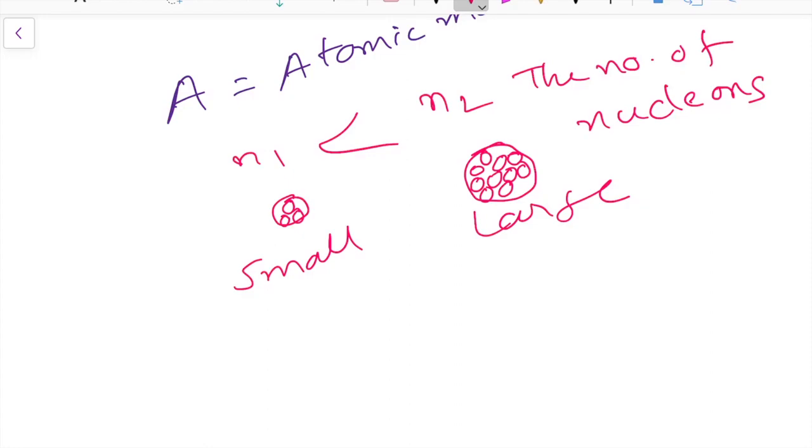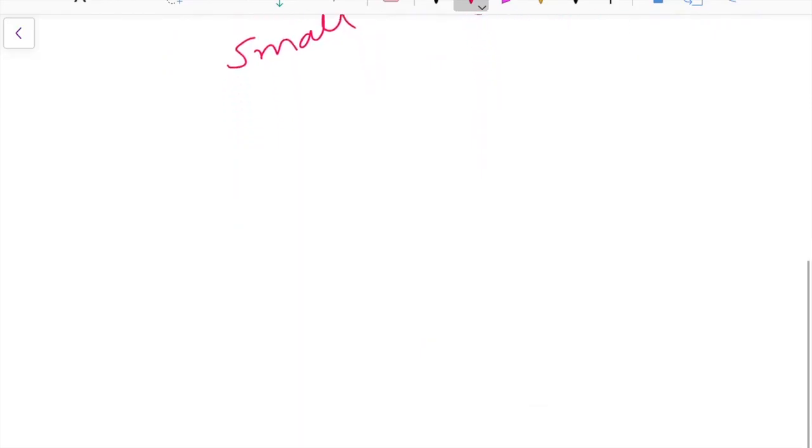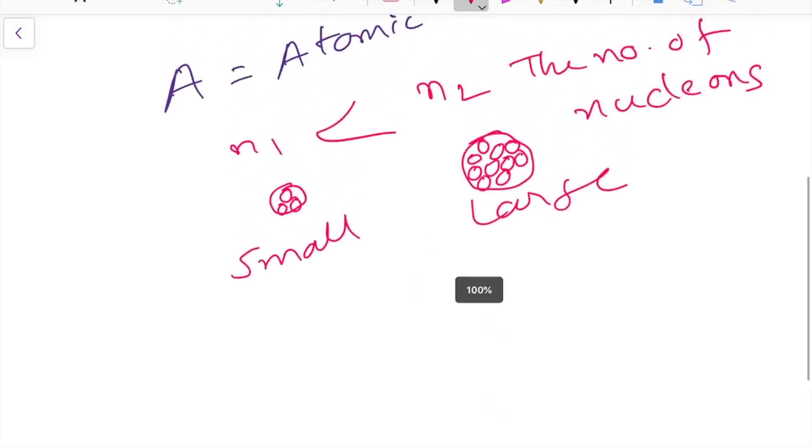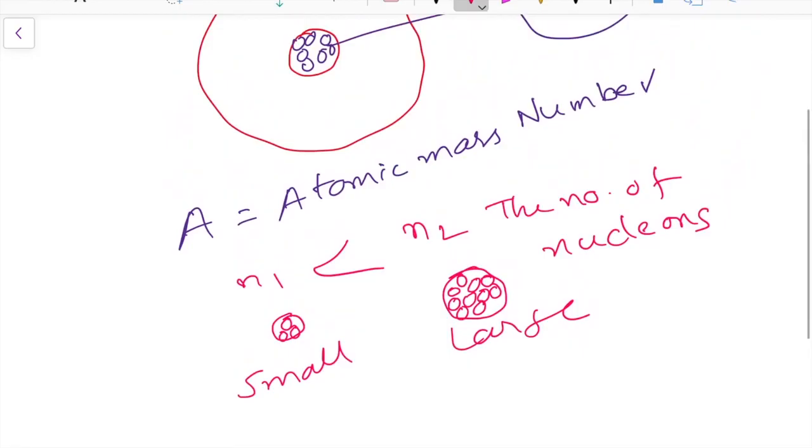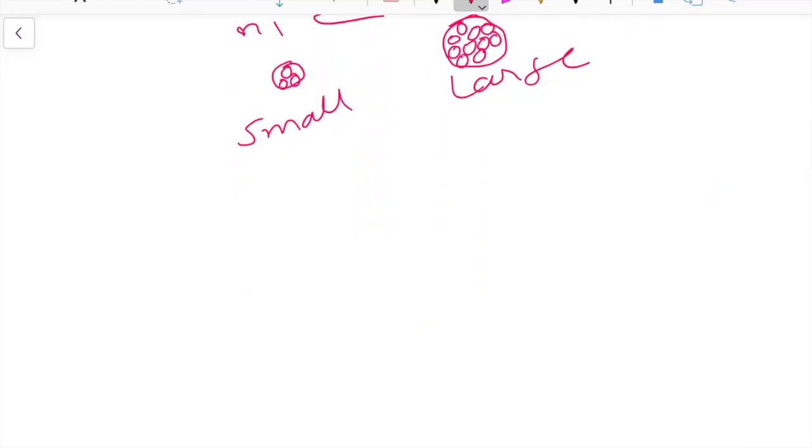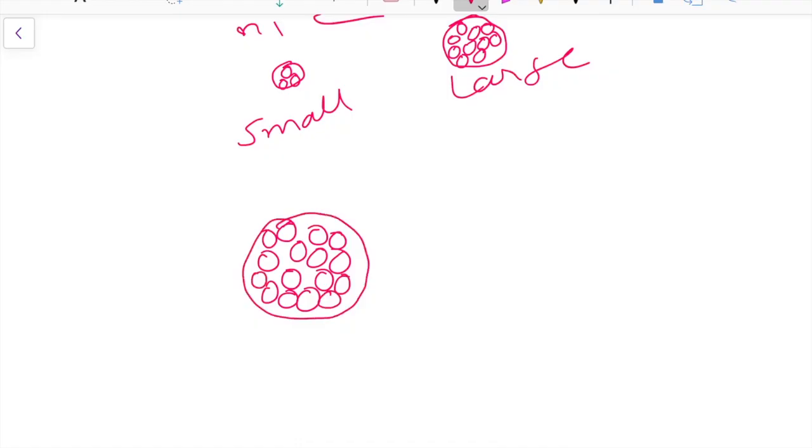Now let's look into the relation. Suppose here we take the radius of the nucleus. If we have more nucleons inside the nucleus, these are all tightly packed, even though I am showing them a little bit less tightly packed.